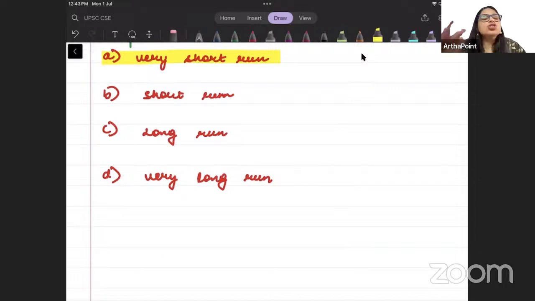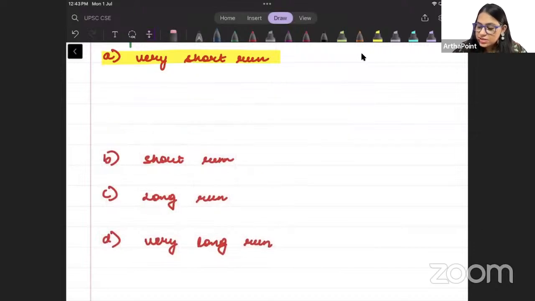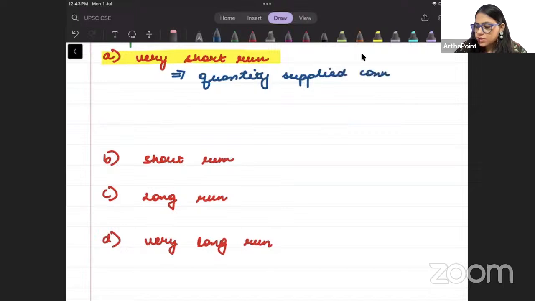But very short run period is that period in which the producer is not able to change the supply. So we can define the very short run period. There are some properties. The first property is that quantity supplied cannot be changed. Why?